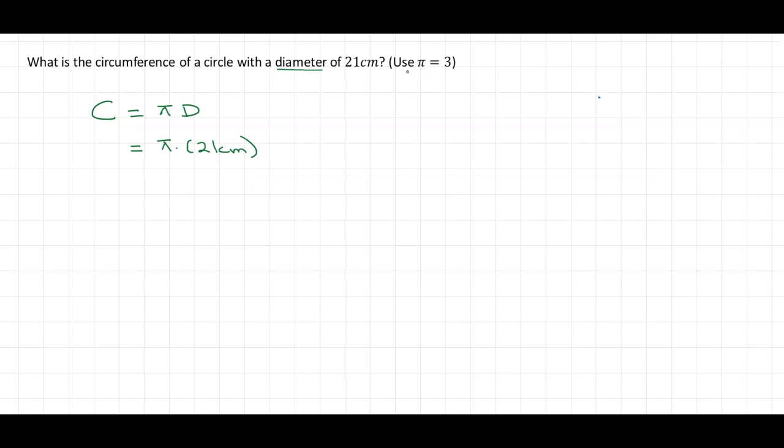Now, an important part of the question is we're saying let's use pi equal to 3. So this is going to be 3 multiplied by 21 centimeters. So this is going to give us 63 centimeters. So that is the circumference of this circle.